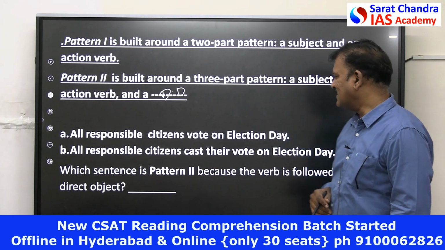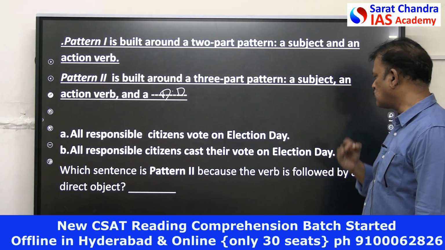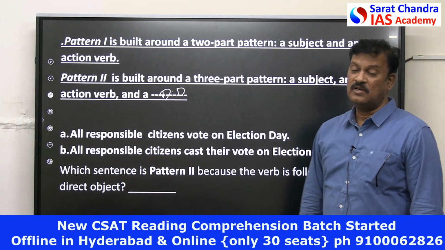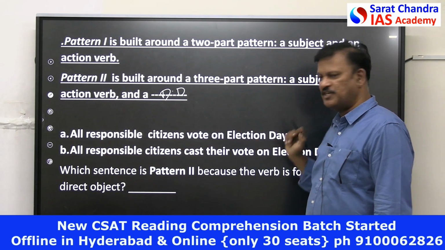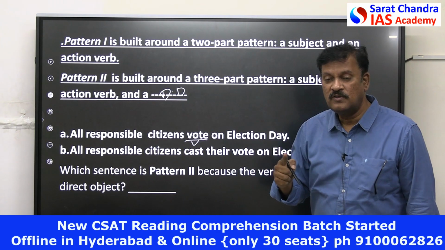All responsible citizens vote on election day. All responsible citizens cast their vote on election day. Now show me which one is the verb in the first sentence. Which word is action? Very good. Then tell me who?